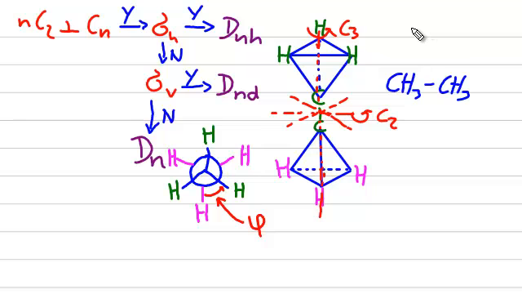Now, if this phi is equal to 0 degrees, then we call this one an eclipsed structure, meaning that the hydrogen atoms in the top tetrahedron and the hydrogen atoms in the bottom tetrahedron are covering each other, and in that case we would call this point group D3H.